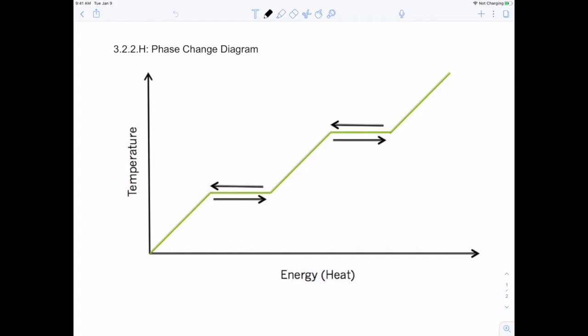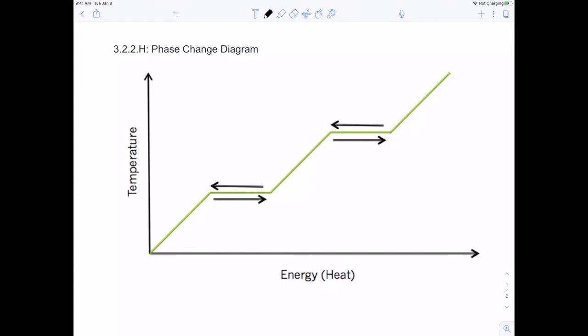On the bottom, we have energy or heat. And the basic premise here is that as energy increases, the amount of heat increases, the temperature of the matter is going to increase. And because we are looking at matter and we're thinking about phase changes, we're going to label the different parts of this graph as different states of matter.